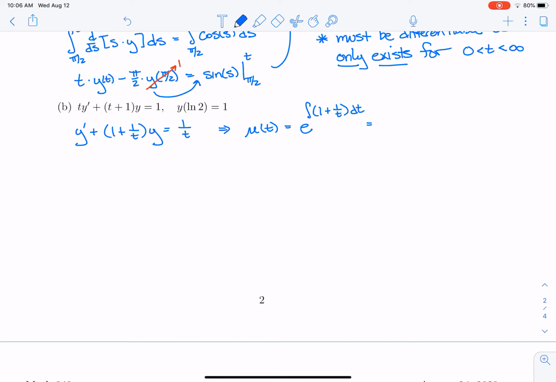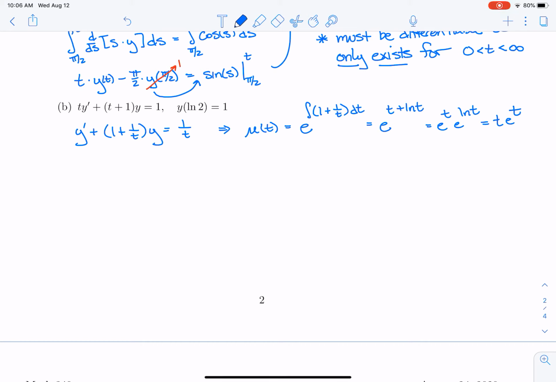Let's see, that's going to equal e to the t plus natural log t when I take the antiderivative. I'm going to rewrite that as e to the t times e to the natural log t, because e to the natural log t is t, and then I still have just an e to the t. So that is my integrating factor.